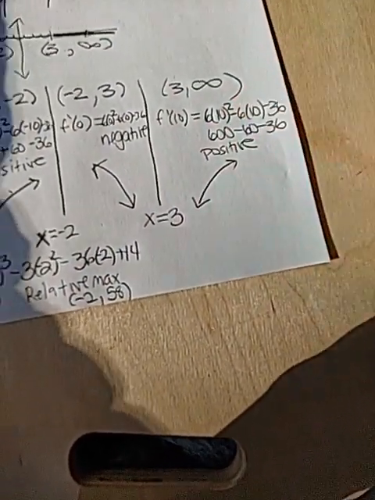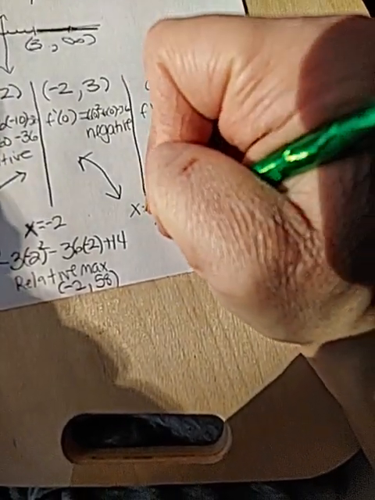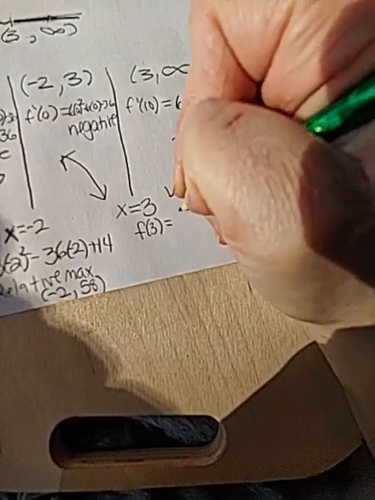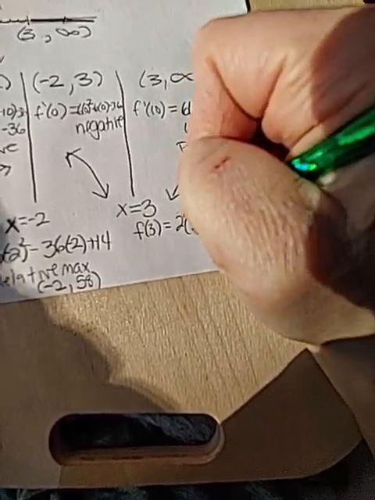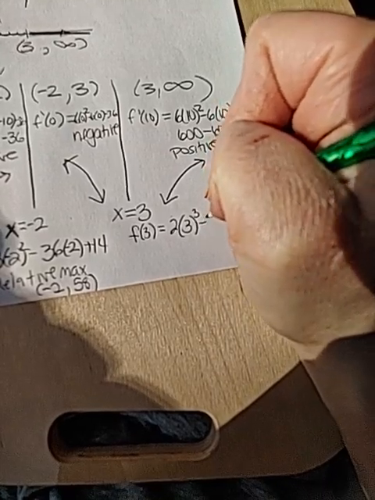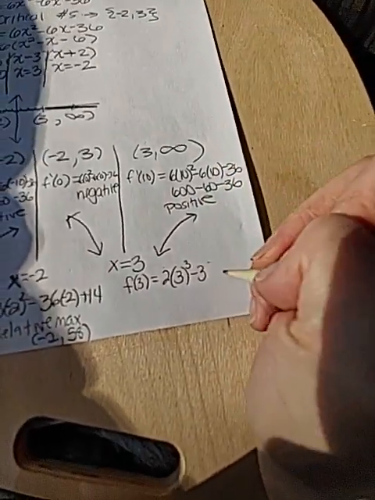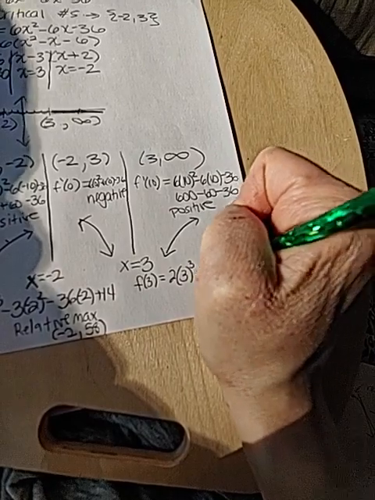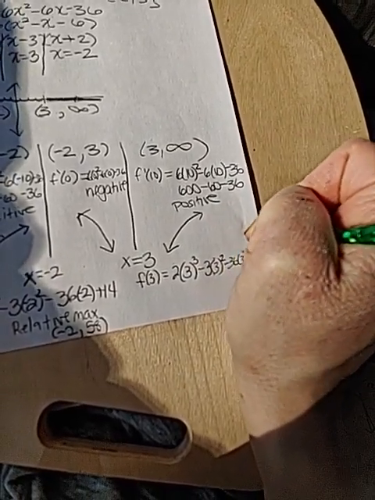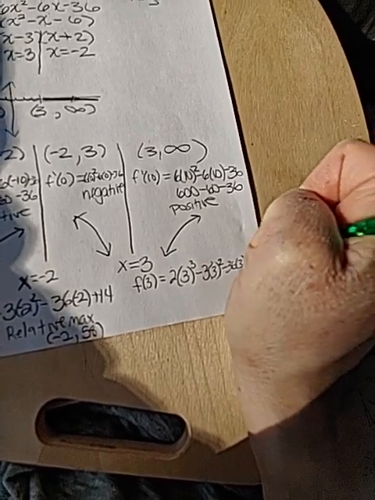Okay, now I'm going to plug in 3 into the original function. So I'm going to evaluate f of 3. So 2 times 3 to the third minus 3 times 3 squared minus 36 times 3 plus 14.